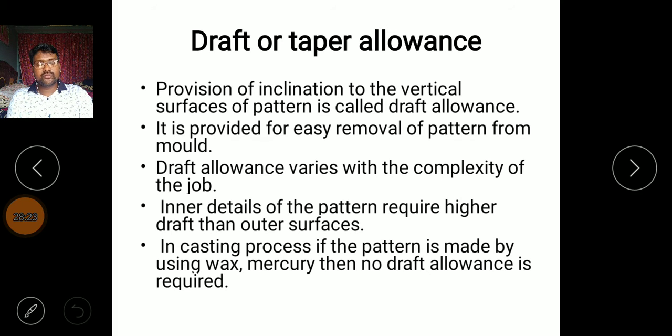If we use a wax pattern, by heating the mold the wax pattern will melt and be removed from the mold cavity. In that case, we are not using draft or taper allowances. That is known as an expendable pattern.